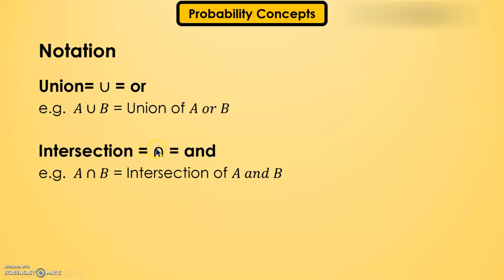Intersection, looking at this shape here, replaces and, so A and B, or the intersection of A and B. So it is worthwhile remembering it. The easy thing, obviously, this looks like a U, so it fits with union, and this is an N, so it fits with intersection.